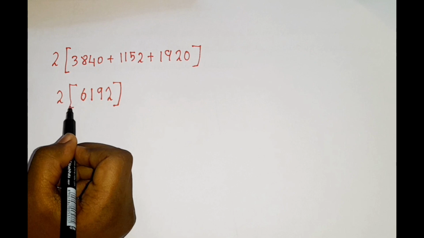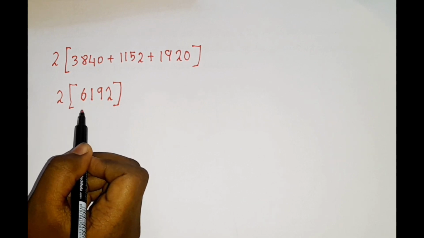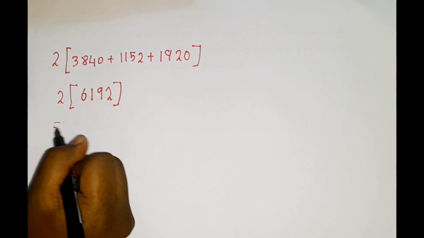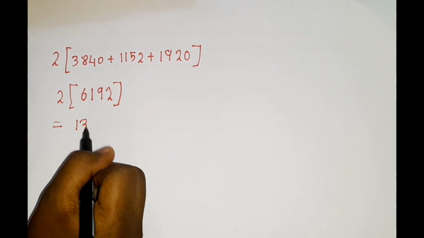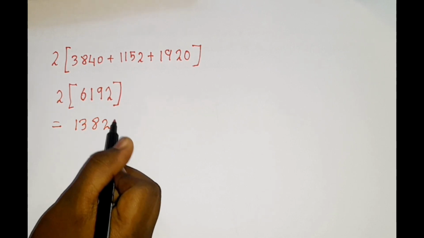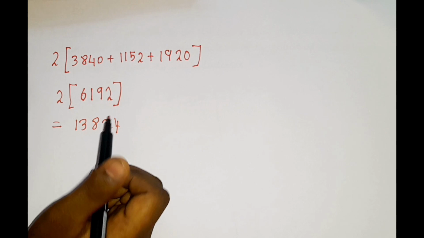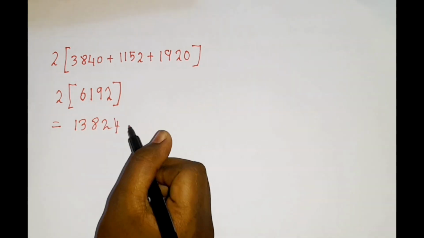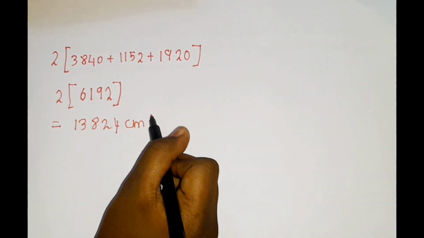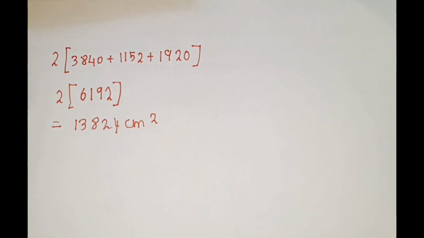So 2 into 6192 is equal to 13,824. So this is the final answer, am I right? That's why we are going to write centimeter square, because in the question we have centimeter. That's why I am writing it as centimeter square.